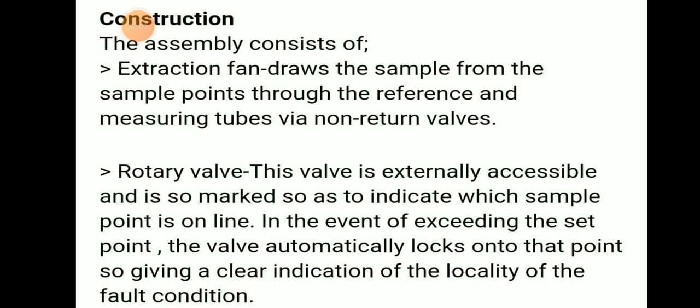The rotary valve is externally accessible and is marked to indicate which sample point is on line. In the event of exceeding a set point, the valve automatically locks onto that point and will give a clear indication of the locality of the fault condition.